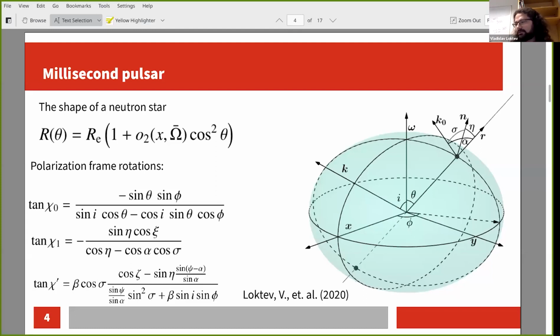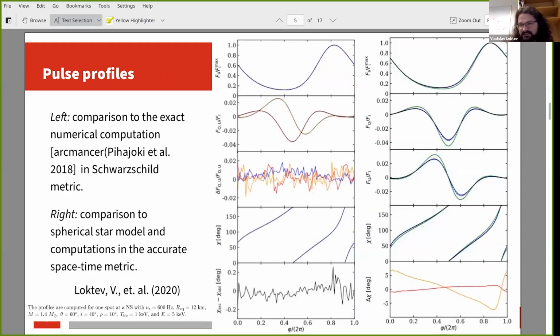All the analytical formulas for polarization plane rotation, as given on the slide, appear to be rather simple. Here are some pulse profiles from that paper, and I will only say that the effects of the oblate shape are more significant than the effects of the spin on the space-time metric in this problem. The polarized pulse profiles were computed quickly and precisely.